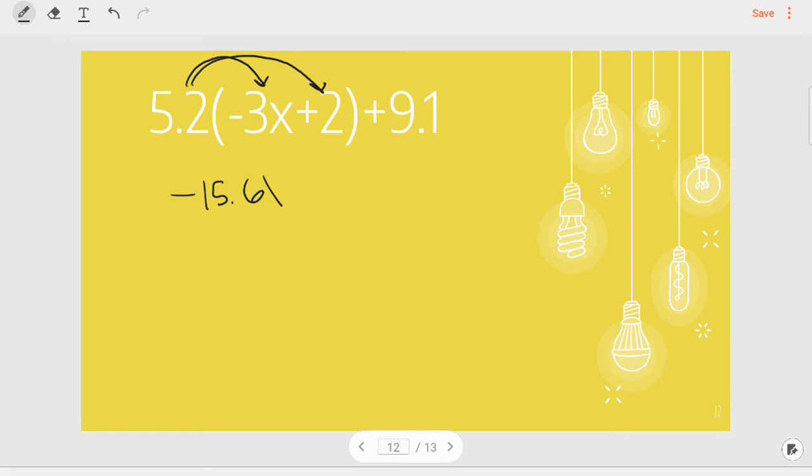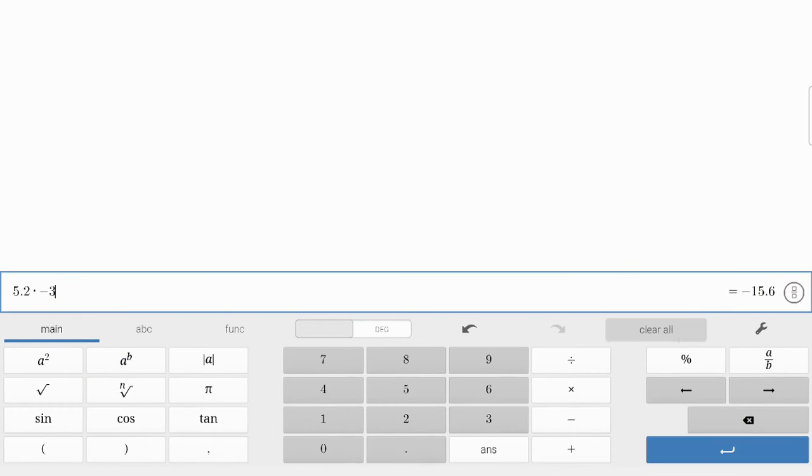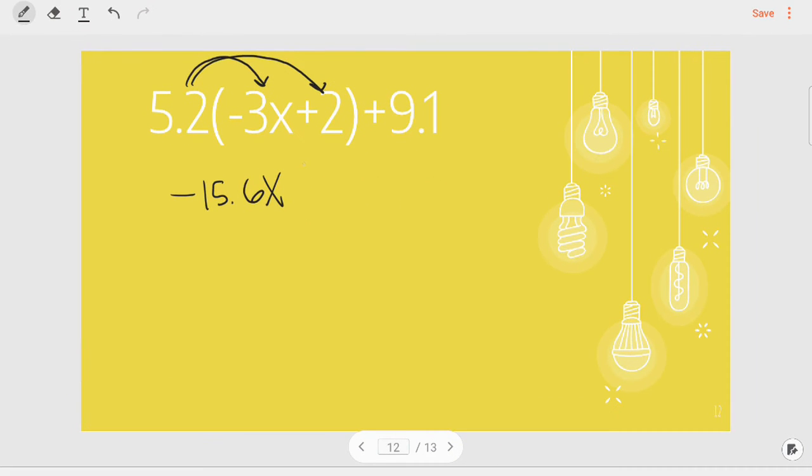And that 3 had an x on it, so bring the x. 5.2 times 2 gives me 10.4, positive 10.4, plus 9.1.